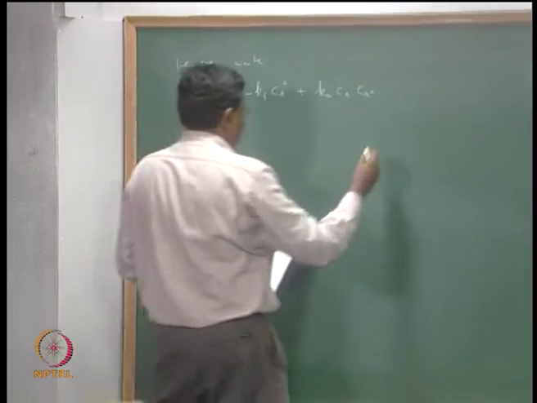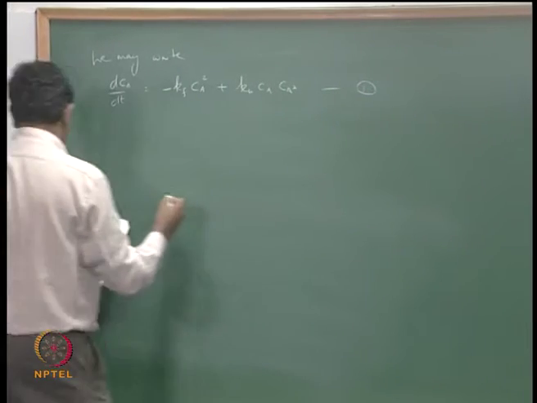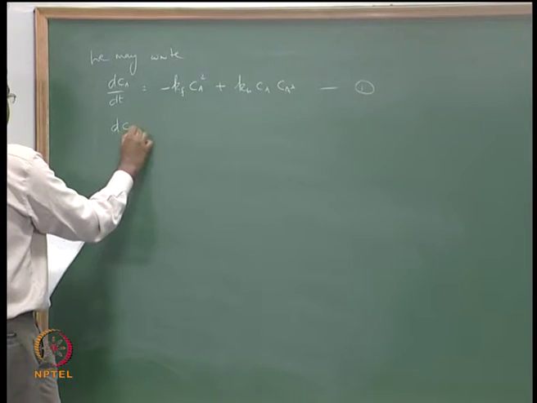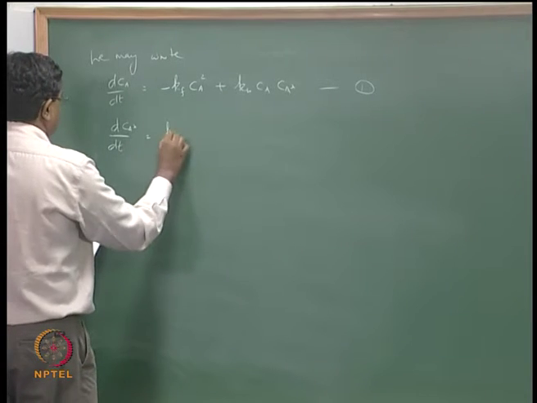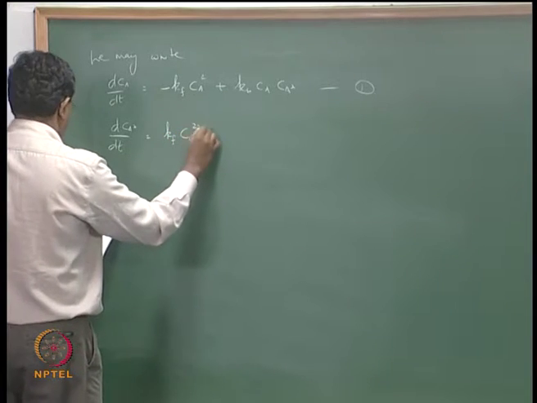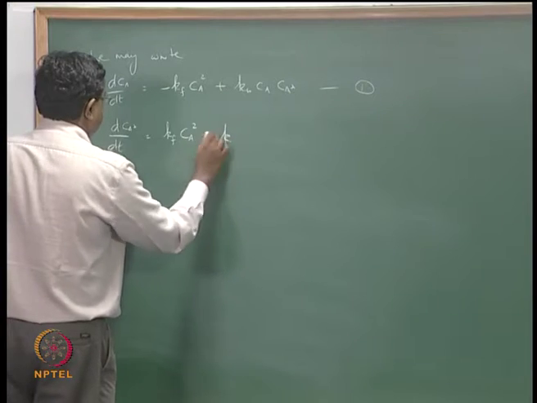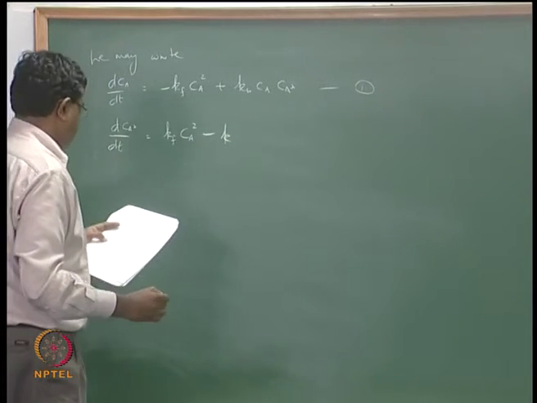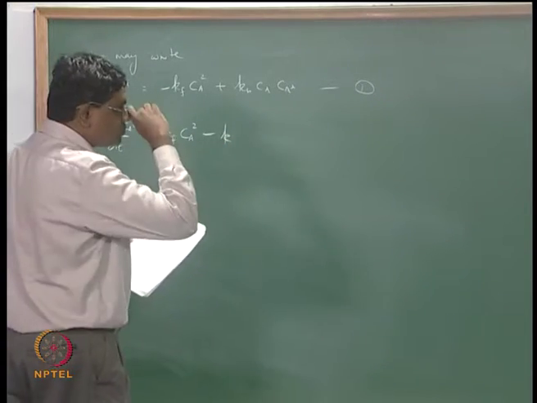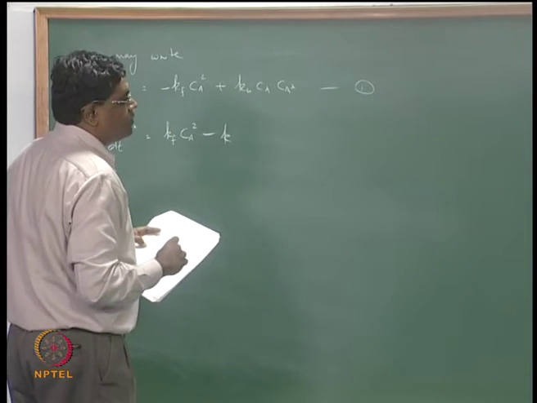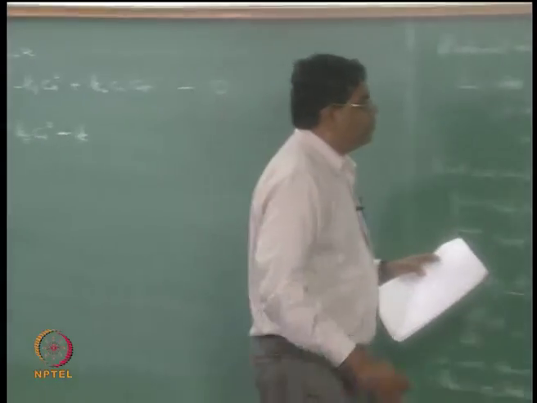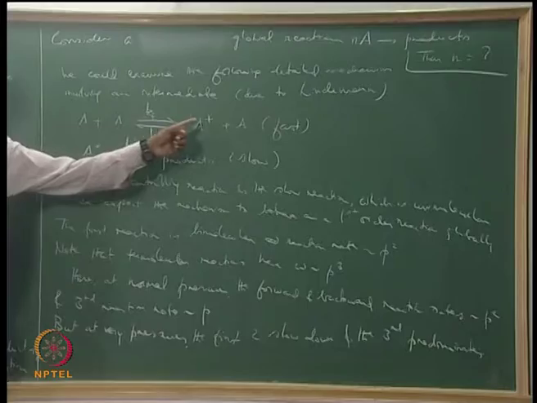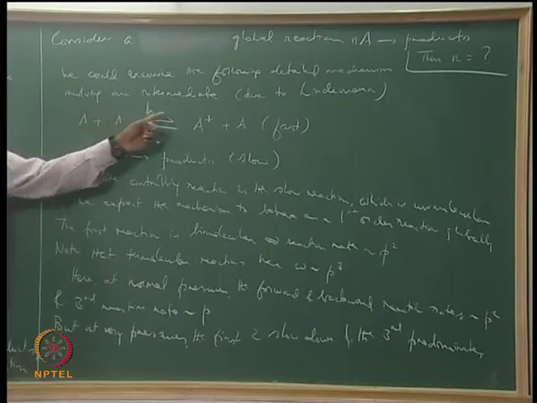And so let's now say this is 1, and dCA star divided by dt equals kf Ca squared minus, now A star is participating in 3 reactions. Okay, it's being produced in the first reaction and it's getting consumed in the second.